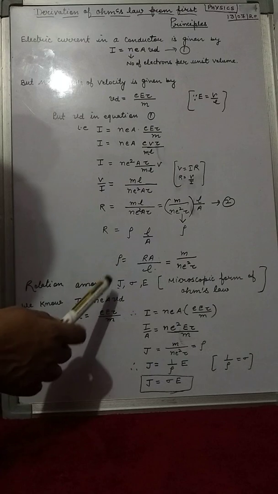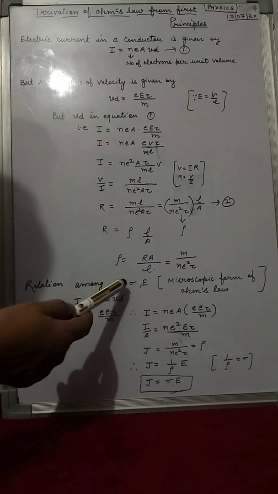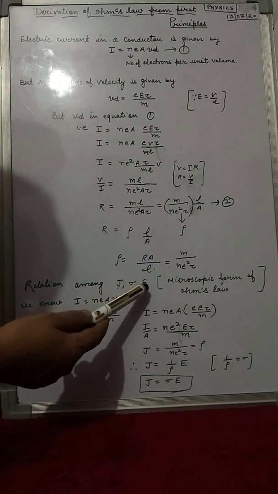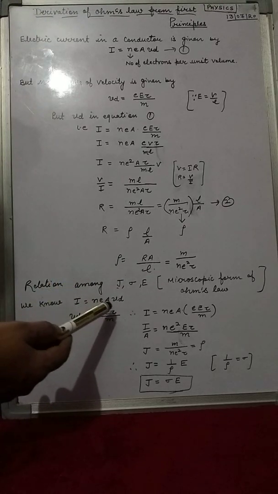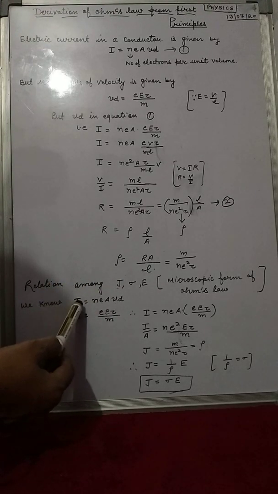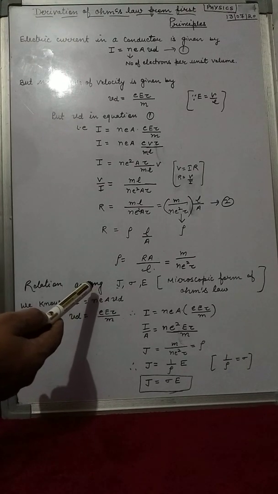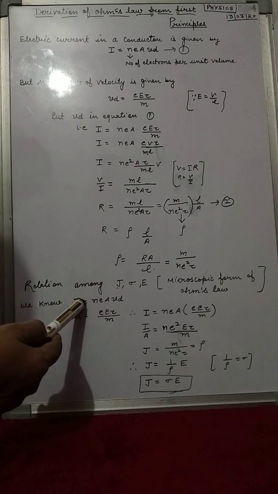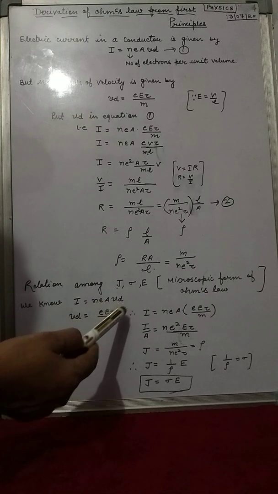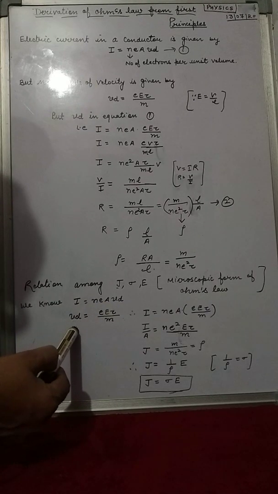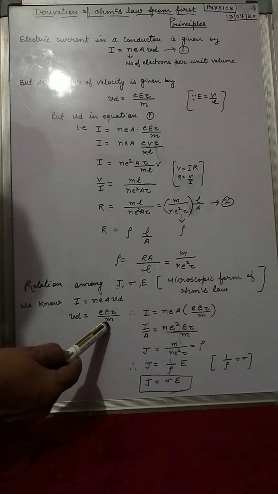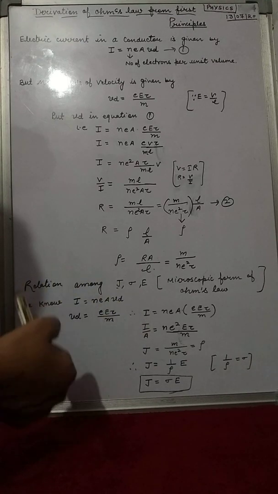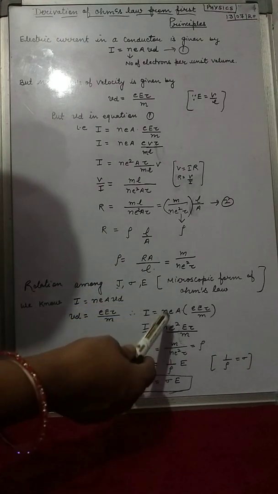To derive the relation between J, σ and E, again we start from the relation between current and drift velocity, I = nAe vd, and we know vd = eEτ/m. We have derived these already.